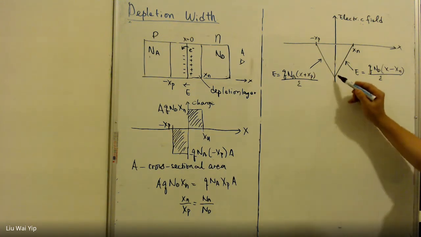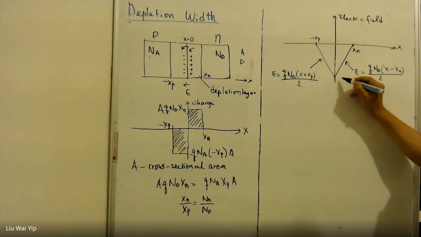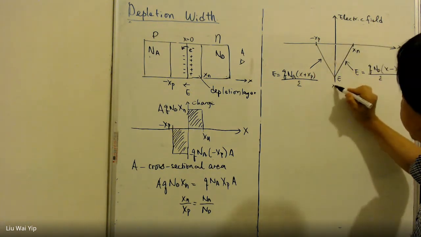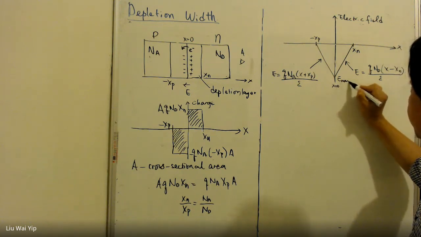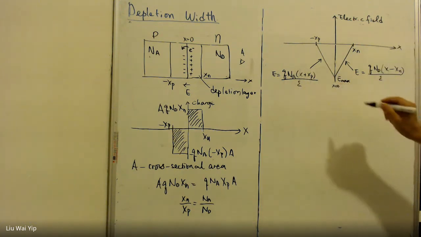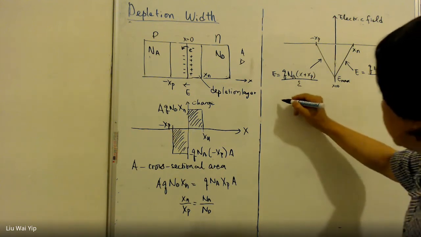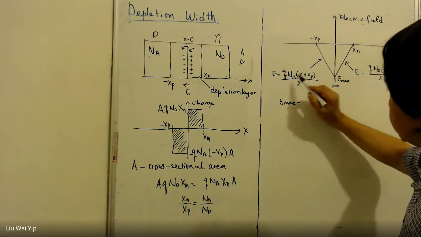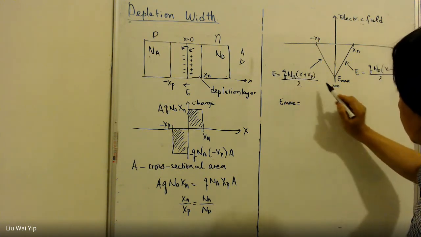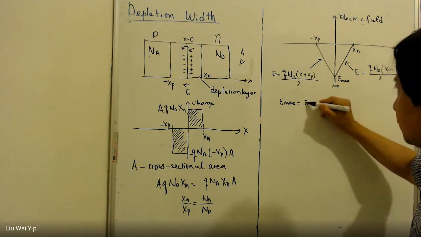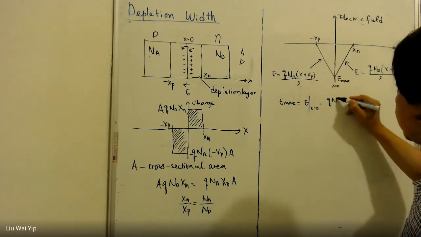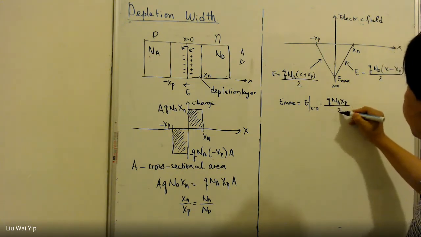And we are looking at the maximum. The maximum is where x is 0. According to this diagram, according to this equation, E max should be equal to this expression with x equal to 0. So I can get Q N A xp divided by epsilon.